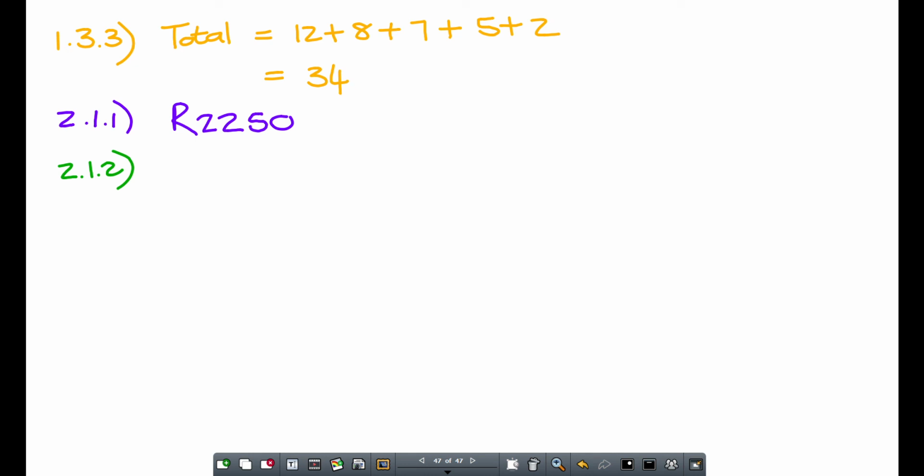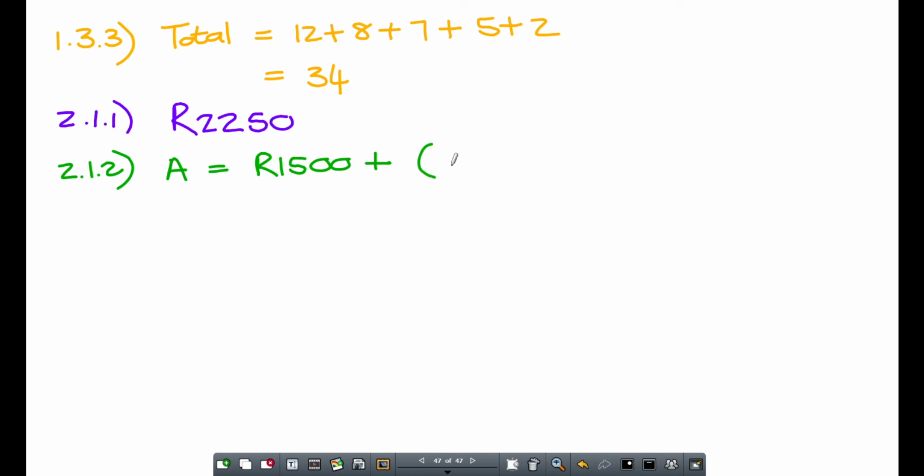Okay, 2.1.2, calculate the value of A. Okay, nou ons het nou gesê, daai vaste koste, gaan ons in elk geval daar wees, 1500. Plus, now we've got to add the cost for every pie, and in that specific place, she's making 50 pies.